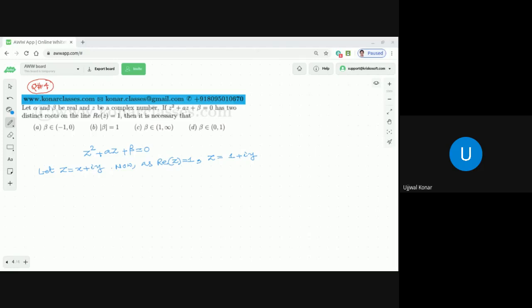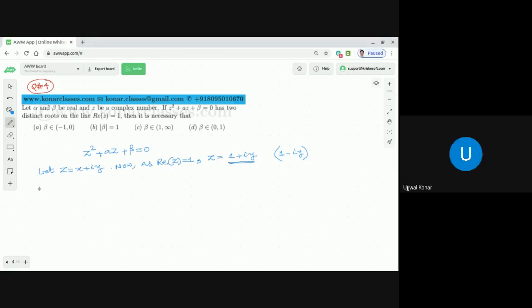Now, let's apply our fundamental understanding. The complex roots are conjugate to each other. So that means if 1 plus iy is a root, then 1 minus iy is another root, because we know complex roots come in conjugate pairs. Correct or not?